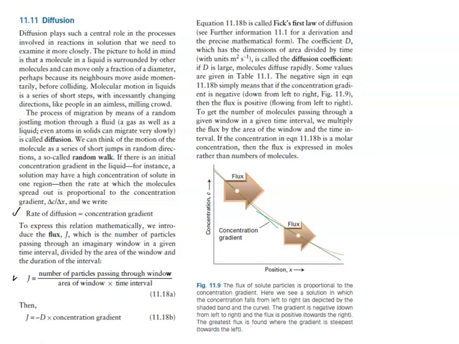Then, in this case, flux equals negative D times the concentration gradient, which we have in equation 11.18b here. So equation 11.18b is called Fick's first law of diffusion. The coefficient D, which has the dimensions of area divided by time, with meters squared per second, is called the diffusional coefficient.